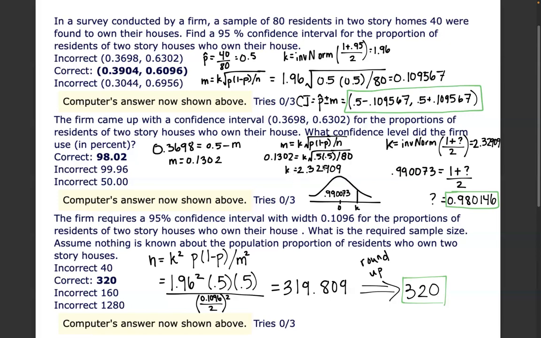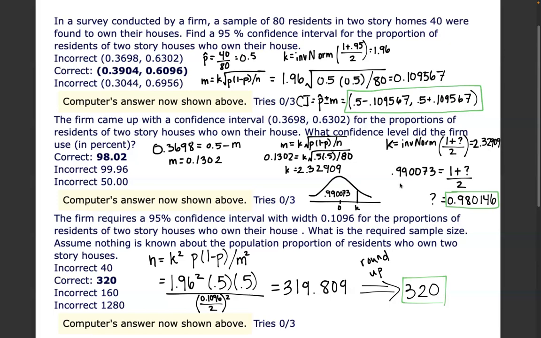All right, so now we have our k. So now we have k, which is what we just found here, 2.32909. That equals the inverse norm of (1 plus our confidence level, which we don't know, divided by 2), with mean 0, standard deviation 1.